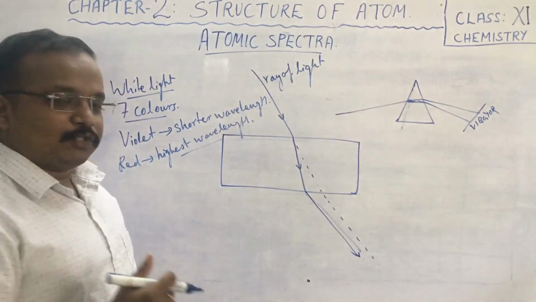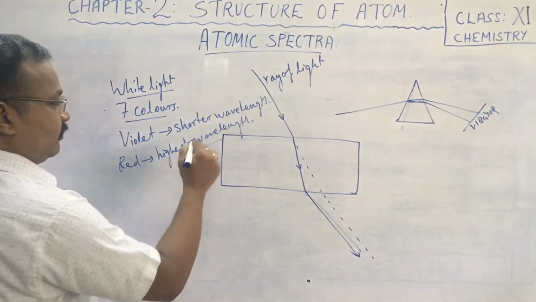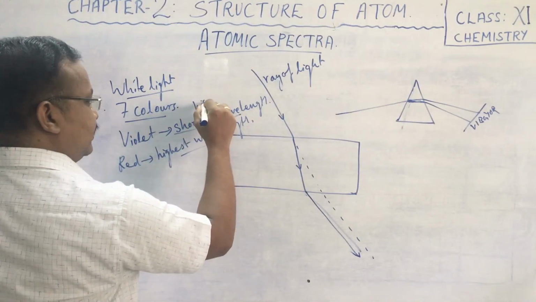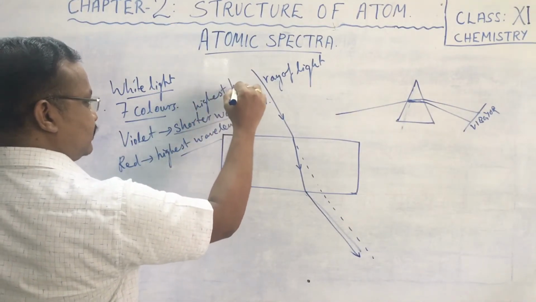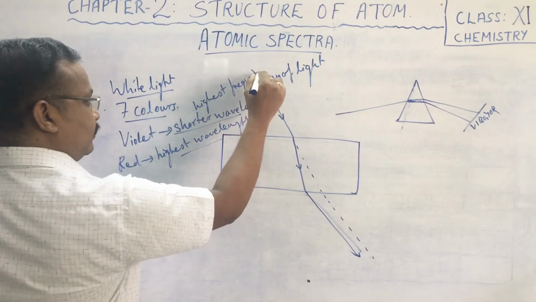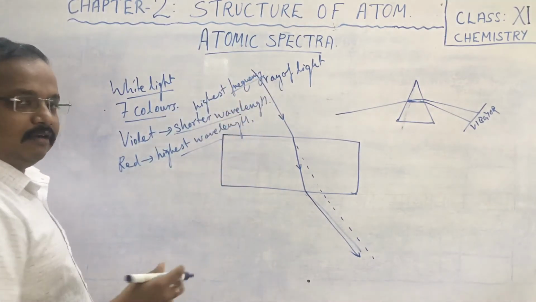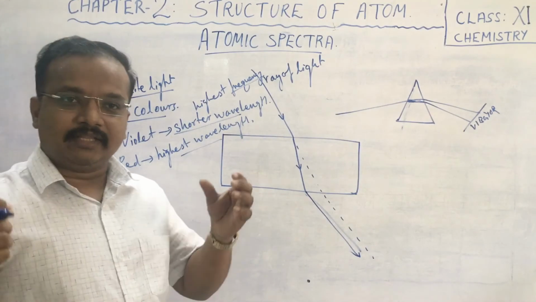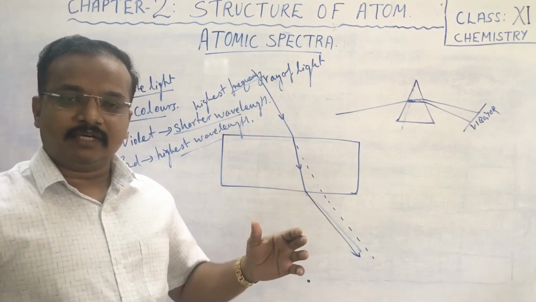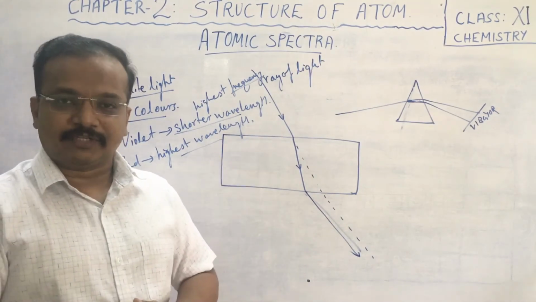But of course you must remember the shorter wavelengths have the highest frequency. So the shorter wavelength will have the highest frequency and the longer wavelength has the lower frequency.